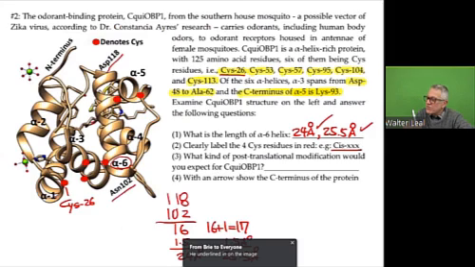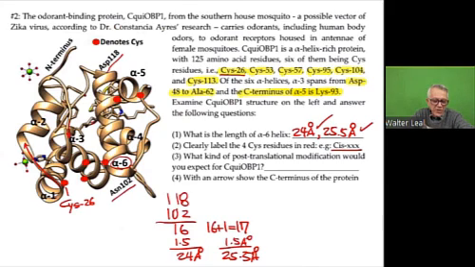Now, if you follow that alpha helix, we go to alpha 2, right? And then it comes to alpha 3. So now we know that alpha 3 is coming from the left side to the right side, right?